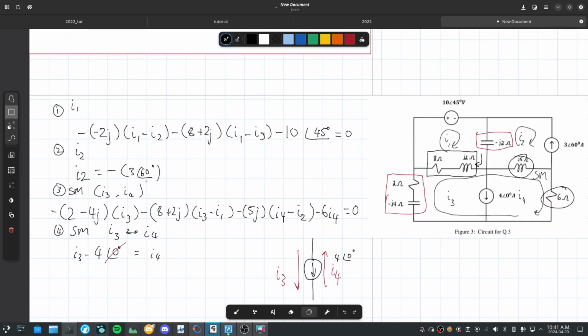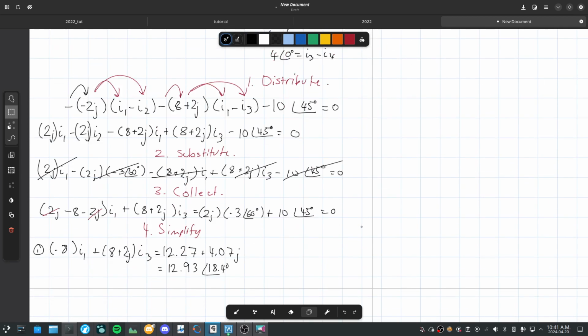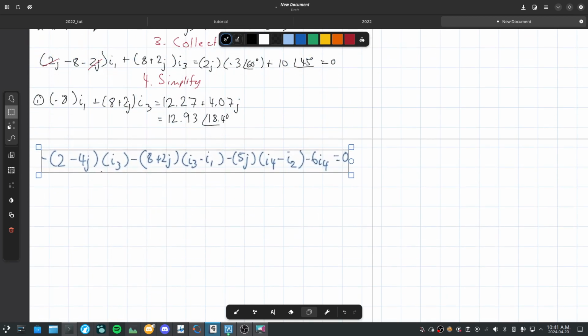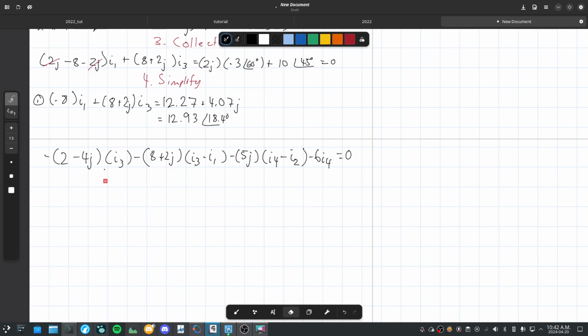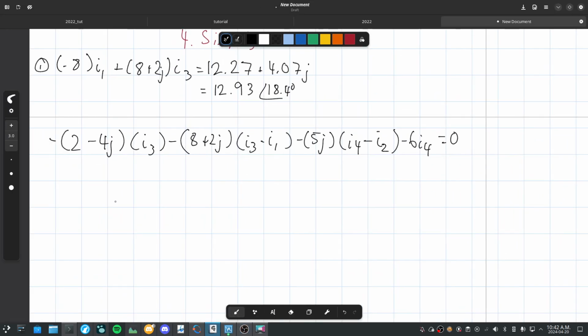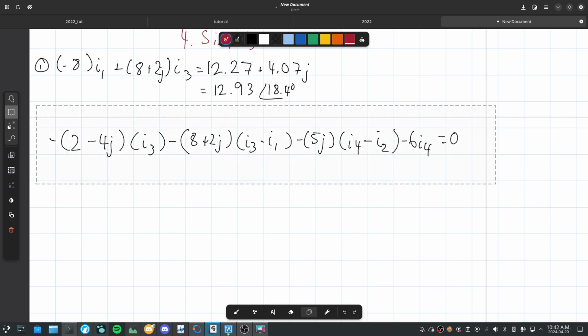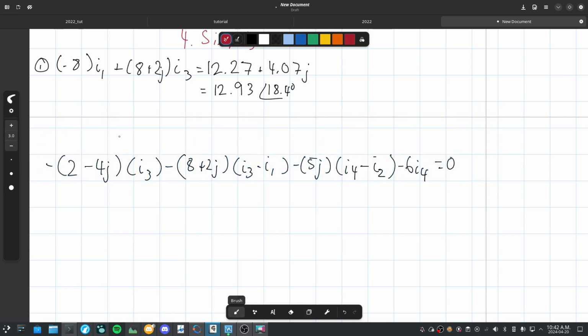So I2 is already solved. It's right there. Now the super mesh. Let's simplify our super mesh. So again, first step, distribute.